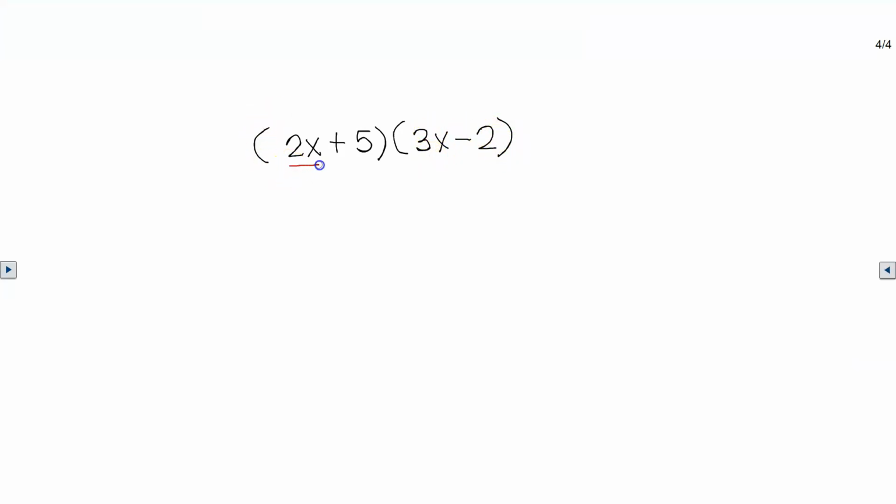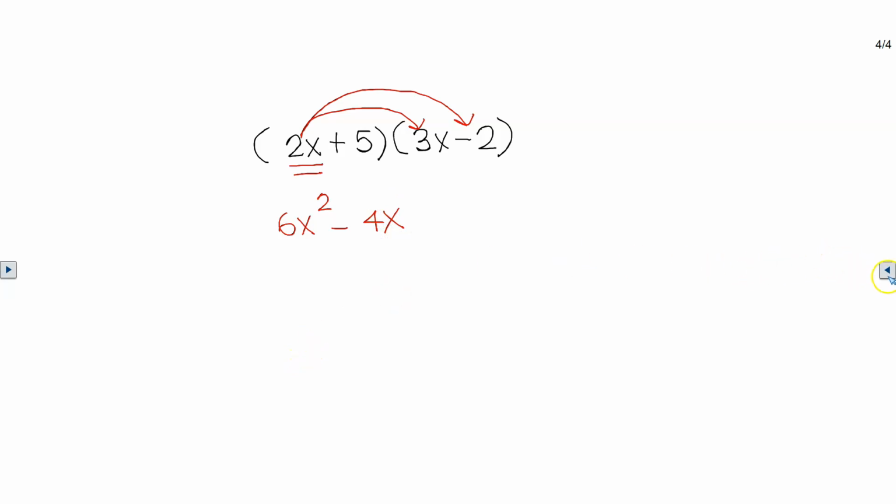So I'm going to start with my first term, 2x, and I'm going to multiply that by the entire second polynomial. So first we will do 2x times 3x. Using our product rule, that will give us 6x squared. And then we will do 2x times negative 2, which will be a negative 4x.